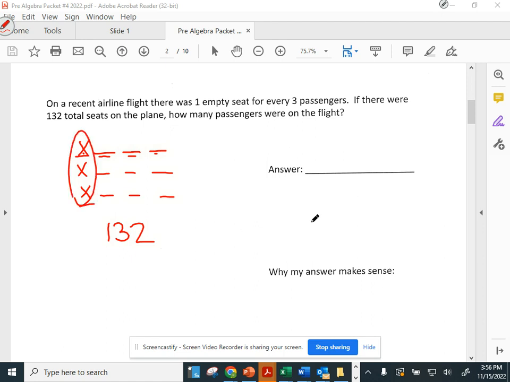So my big hint to you is knowing that it is a pattern of skip counting by 4, and see if you can come up with a logical answer of how many passengers were on the flight. So if you find out how many of the empty seats there are, you're going to want to take that away from how many total seats there are on the flight.